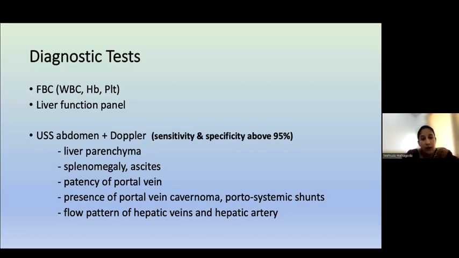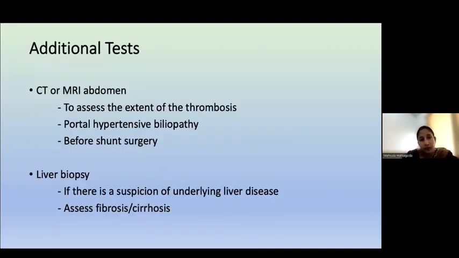So I would suggest, if we suspect portal hypertension, doing an ultrasound scan abdomen and a Doppler can give you a lot of information with regard to the underlying etiology.